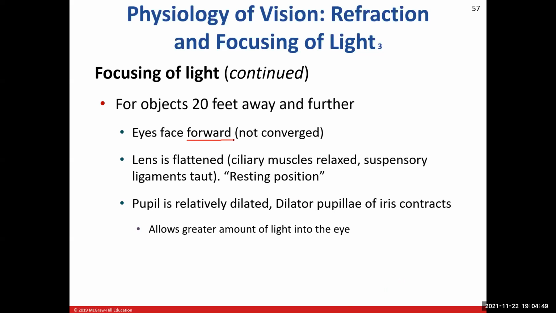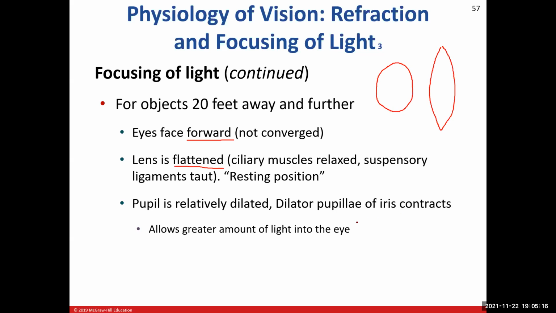When they relax, they pull the suspensory ligaments tight, and that causes the lens to flatten out. We refer to that as the resting position. So now we've gone from our accommodation, this big fat lens, and we've thinned it out a little bit, like that.